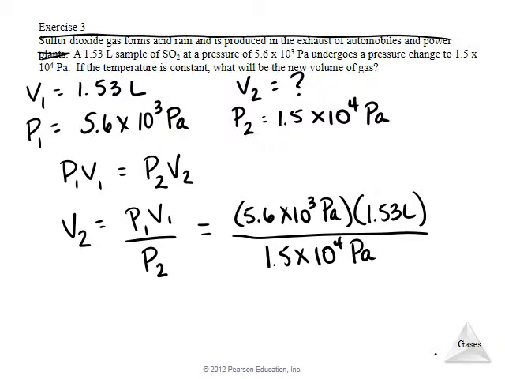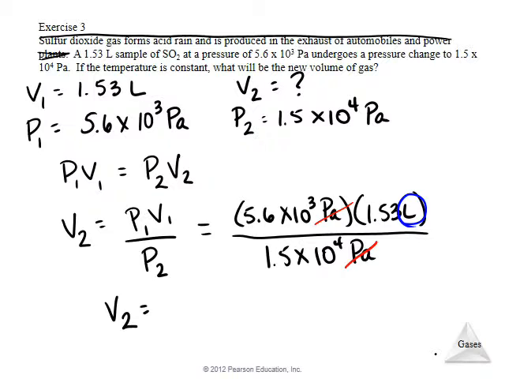What should your units be for your new volume? Well, they should be liters, right? That's what our volume is in our first part of our problem, so that's what our answer should be in. And what happens to pascals? We've got one in the numerator, one in the denominator. They cancel out.